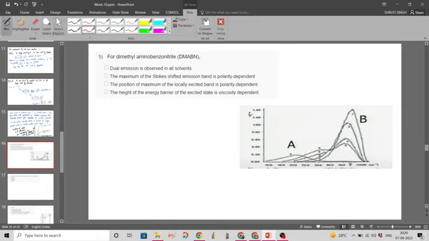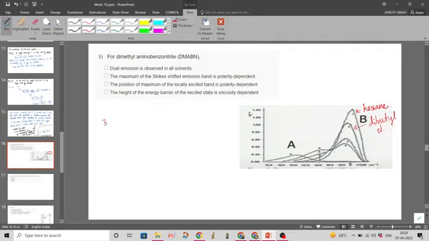This first one is for hexane. The second one is for dibutyl ether.